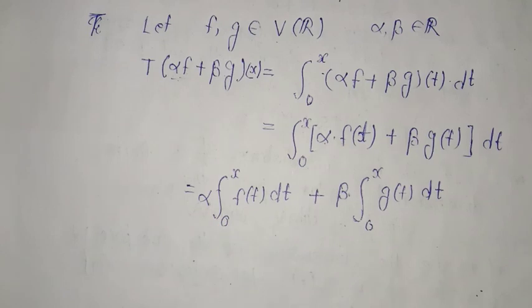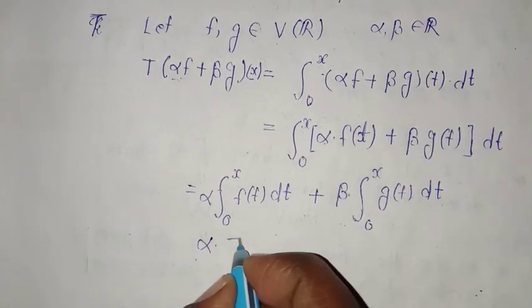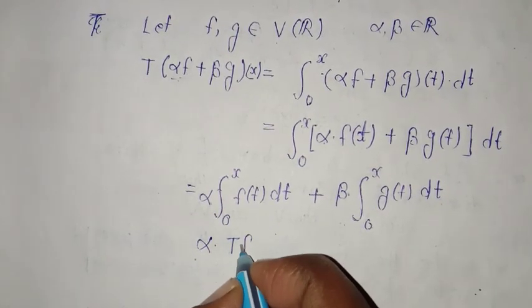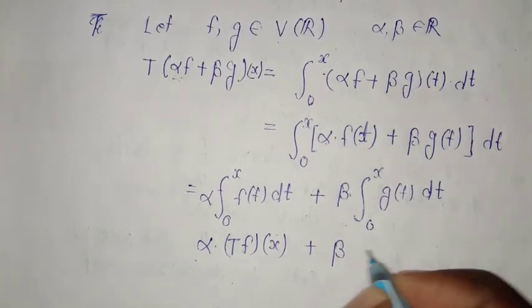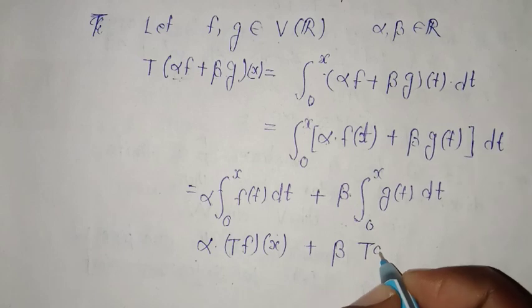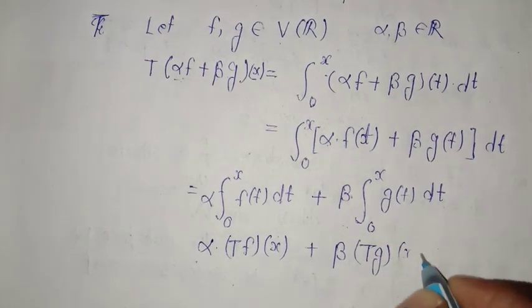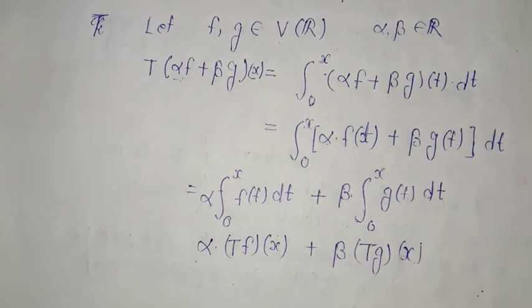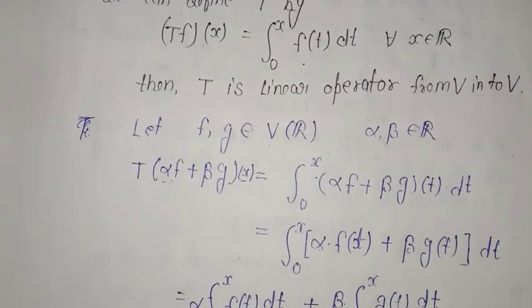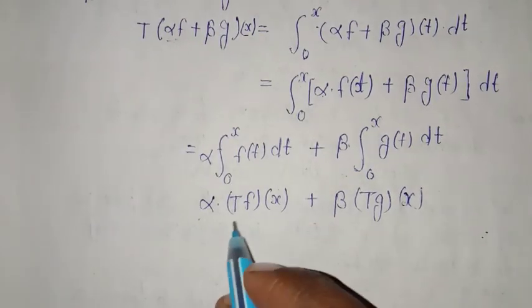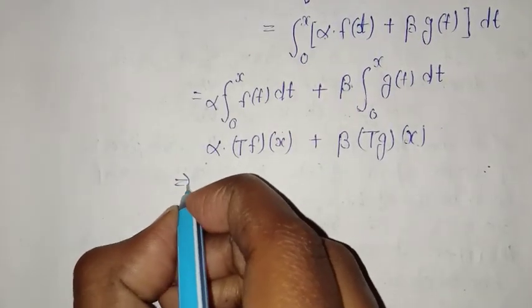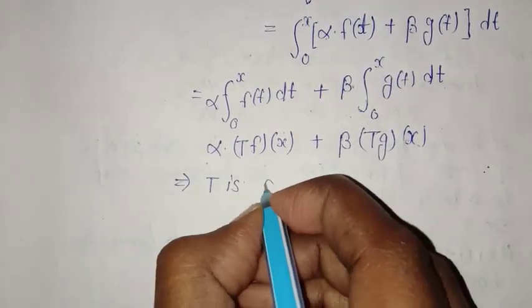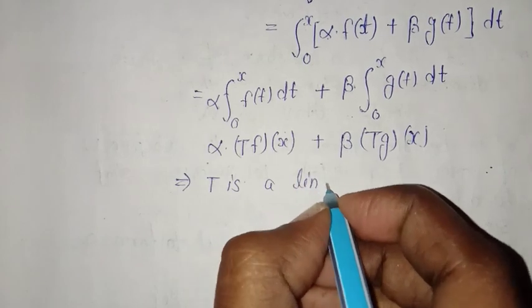Now, this is alpha into T f of x plus beta into T g of x. So it holds the definition of linear operator. So we can say from here that T is a linear operator.